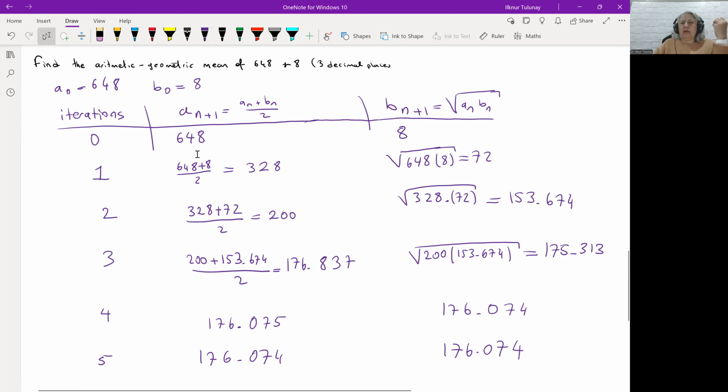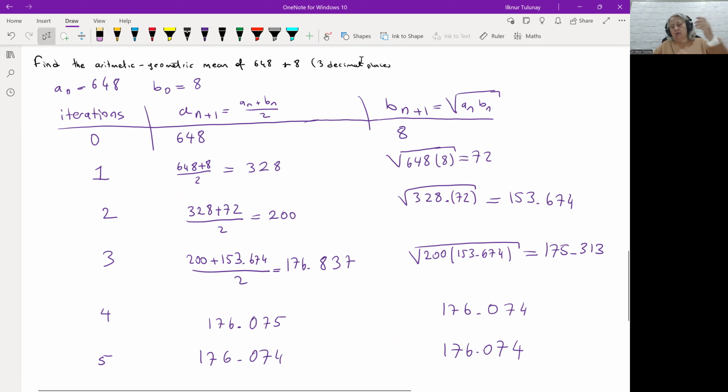Then the arithmetic mean and the geometric mean. And then for n equal to 2, we have these two numbers. For n equal to 3, we have this number. For n equal to 4, we are approaching the limit. And then for n equal to 5, we have already achieved the limit with 3 decimal places.